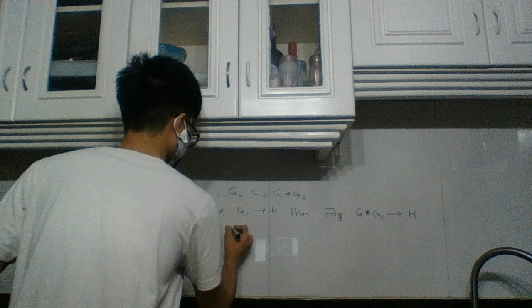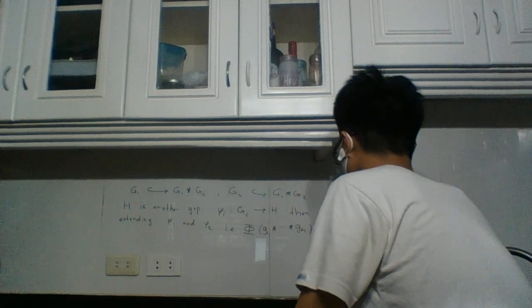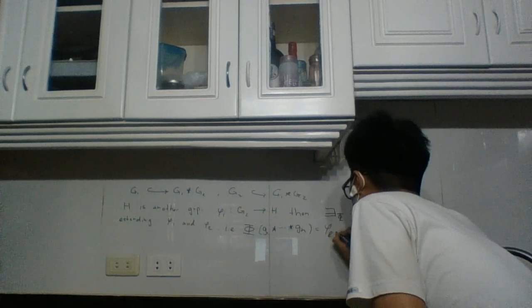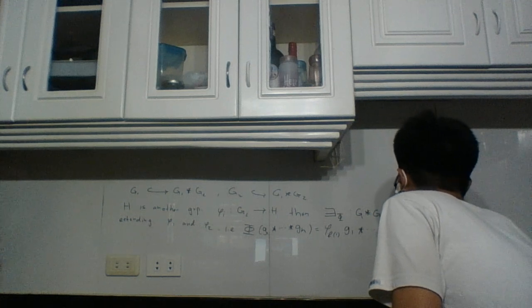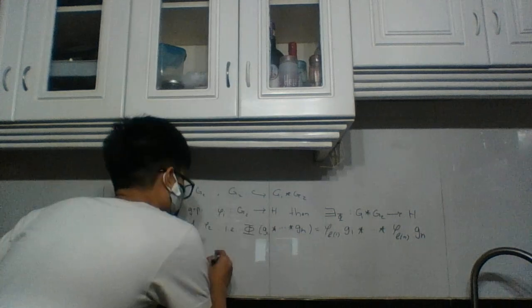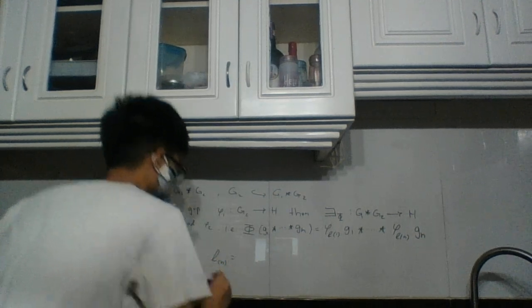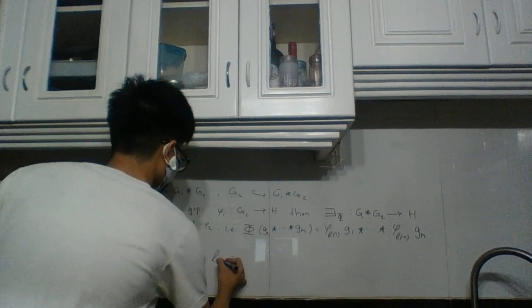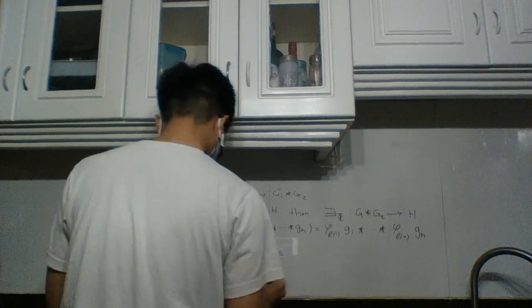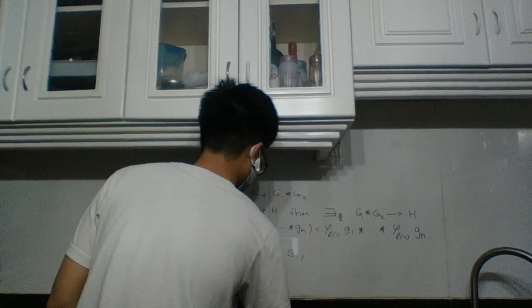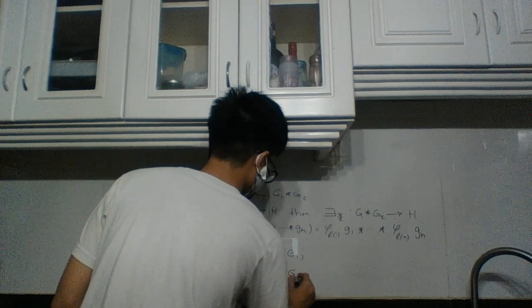So an example: the big phi of this string, G1 asterisk through Gn, is precisely phi of L of 1 of G1 star ... star phi of L of n Gn, where L of i, indexed by the letter i, not n, because n is the ending one here, is equal to 1 or 2. 1 for if this element belongs in G1, and 2 for if the element belongs in G2.